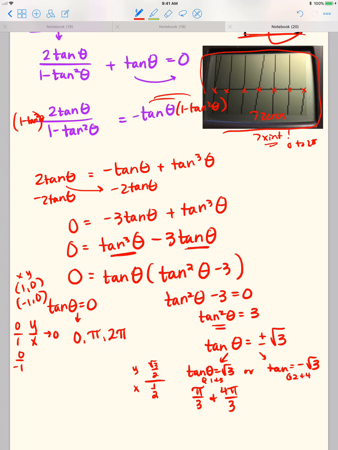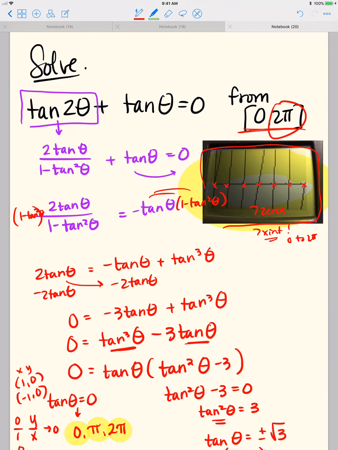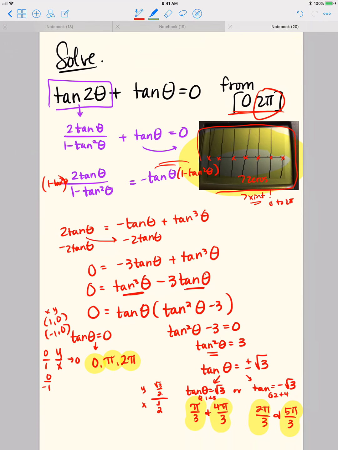And so that is where you have 2 pi over 3 and 5 pi over 3. Those angles, if you do their y over the x coordinate, would give you a tangent value of negative square root of 3. So there are 1, 2, 3, 4, 5, 6, 7 distinct solutions from 0 to 2 pi, which matches what we found on the graph for 7 distinct x-intercepts, and there you have the solution to tan 2 theta plus tangent theta equals 0.